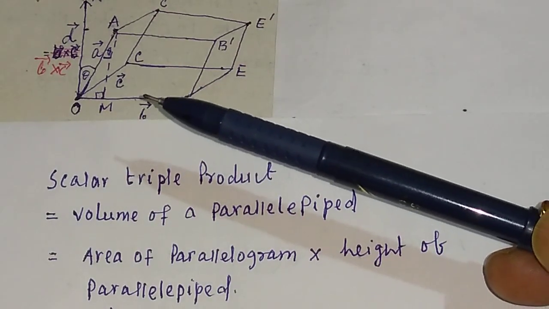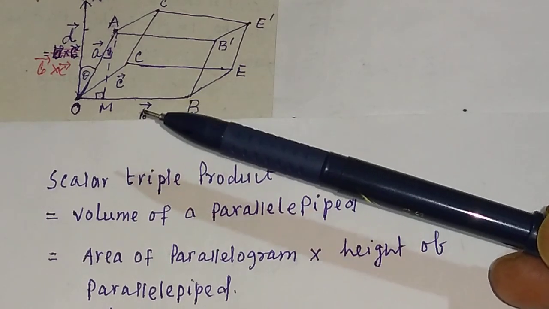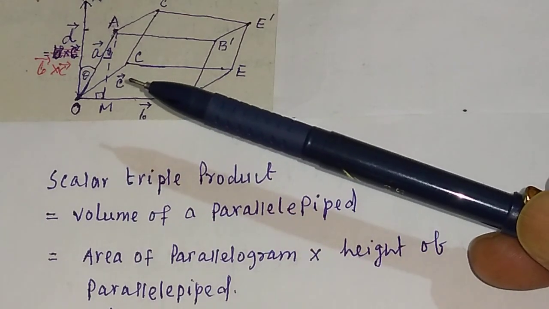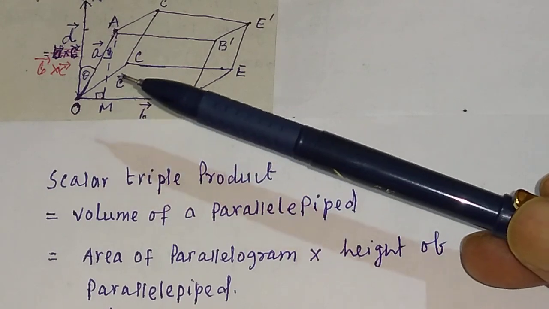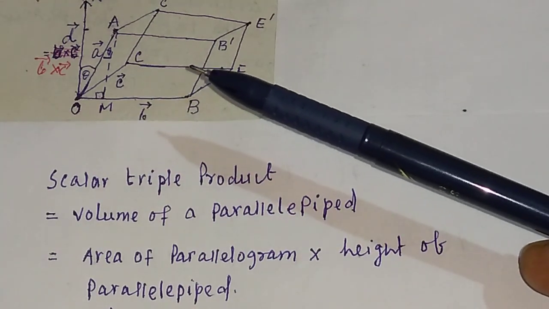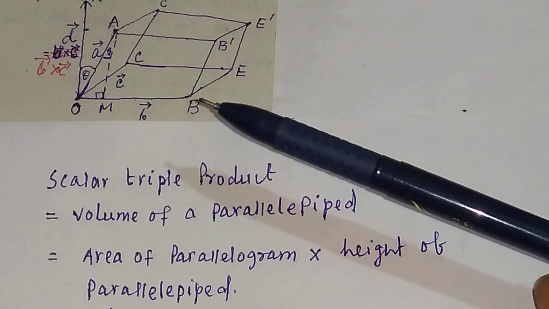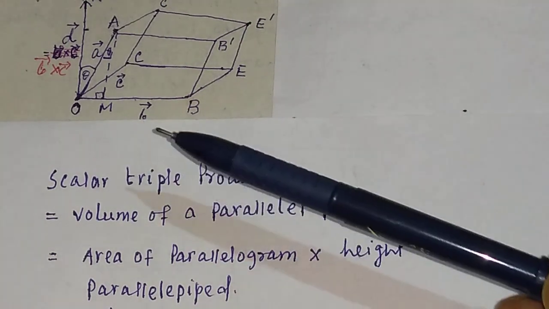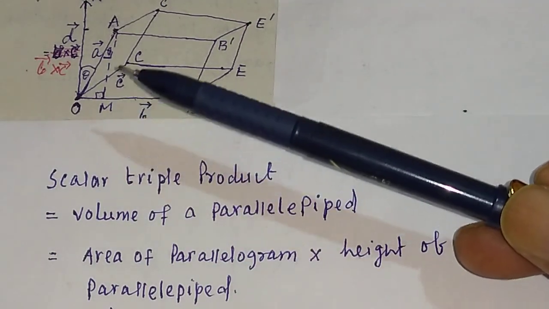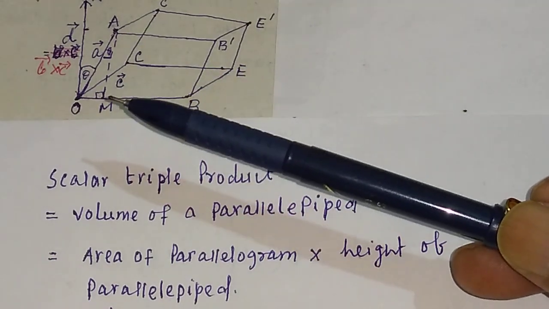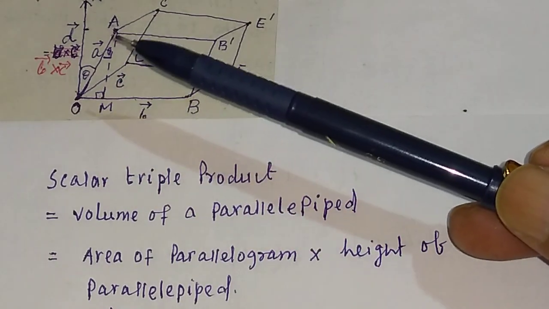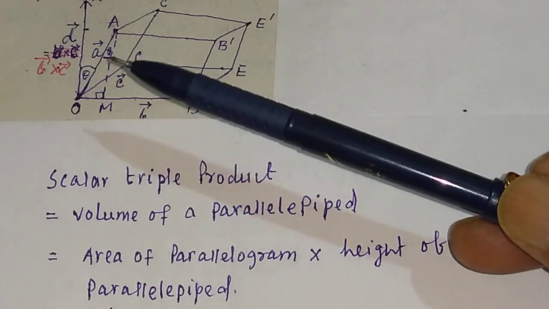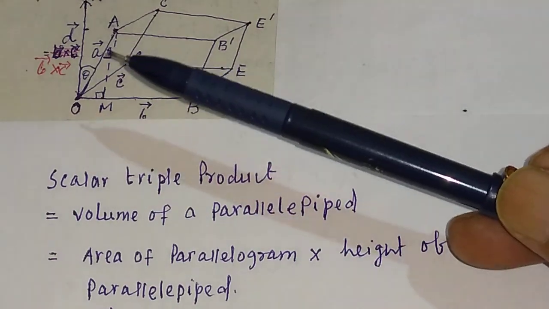That is, when you take the cross product of B vector with C vector, that will give you the area of this parallelogram OCEB. And it is multiplied by the height of the parallelepiped. What is the height of the parallelepiped? This is the height of the parallelepiped. If this is your A vector, then this height will be equal to A cos theta.